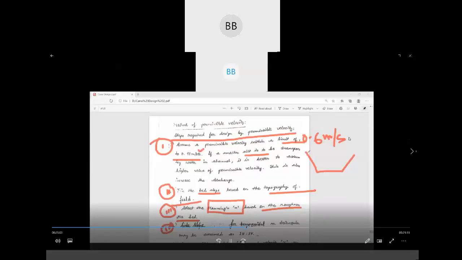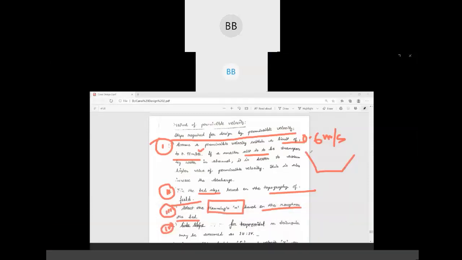Suppose this is your trapezoidal canal and to line it you have used brick wall, then your n value will be different. If you use concrete or mortar, then your roughness coefficient will be different. So depending on the materials that you use to line the canal or to fix the boundary of the canal, your n values vary.